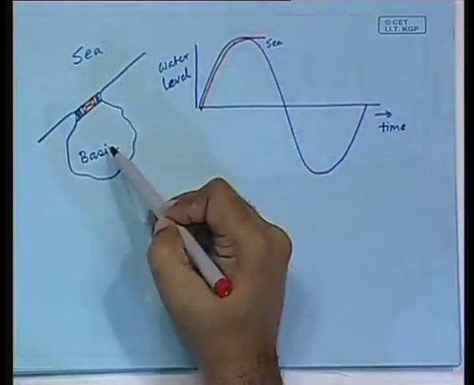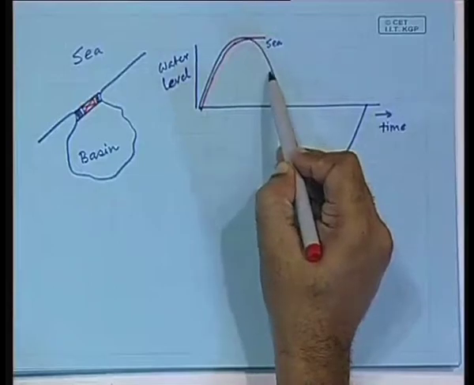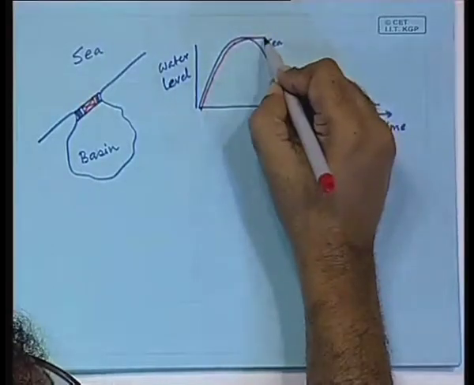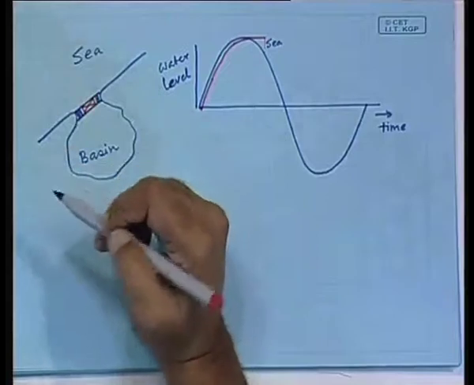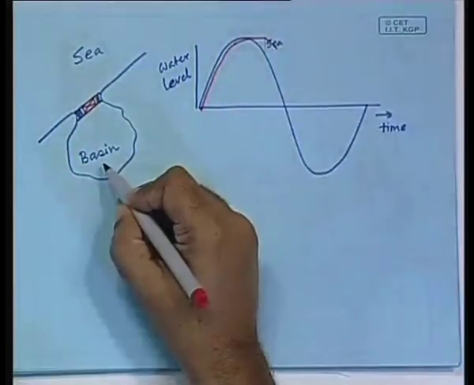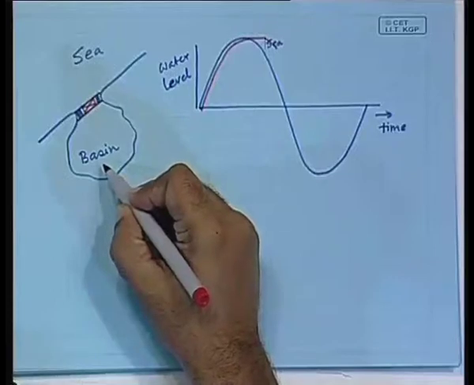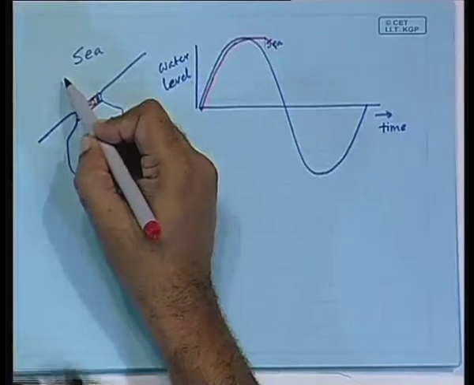As a result, the basin water level remains the same while the sea water level falls, and beyond a certain time the head, meaning the difference of the two levels, becomes sufficient to generate electricity. At that time you allow the water to pass through the turbine, which means the level in the basin will also decrease, and the sea water level is also decreasing.